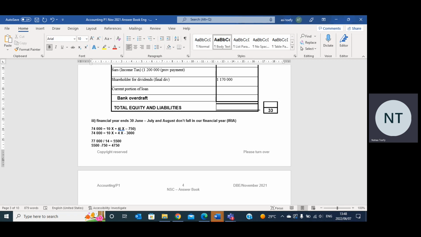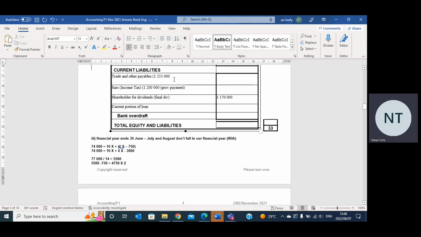But remember, I need to times that by 2 because I have 2 months that's over. I have July and August, that's income received in advance, and that gives me 9,500. I hope everyone knows by now that 9,500 must go into payables because you received something in advance. It's not due this year. It's a liability because you received it before the time.